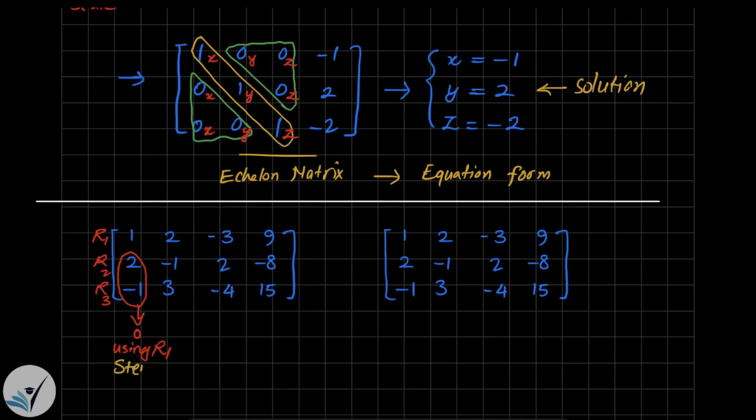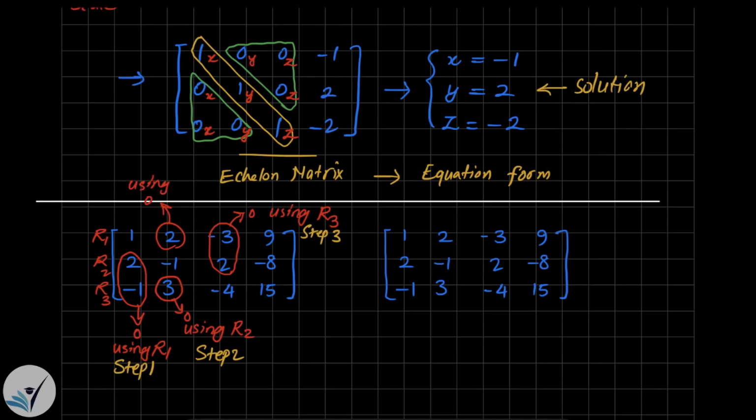This was my step 1. Step 2 was to transform this element to 0. And I used R2 for that purpose. So it was my step 2. And then next step was to transform these two elements to 0 using R3. So it was my step 3. And lastly, I transformed this element to 0 using R2. This was my step 4.